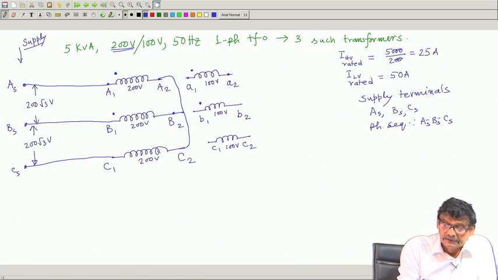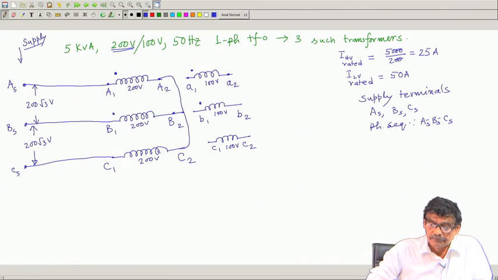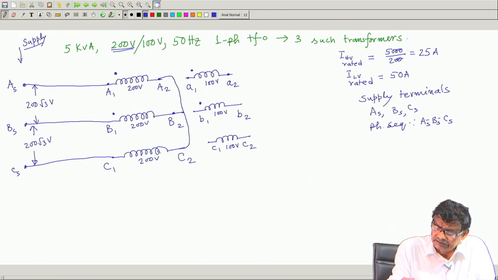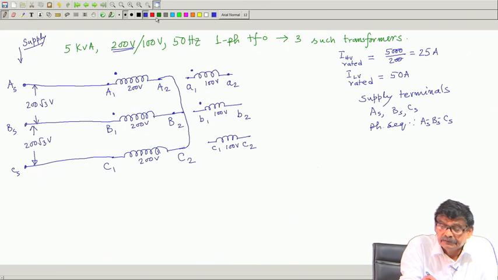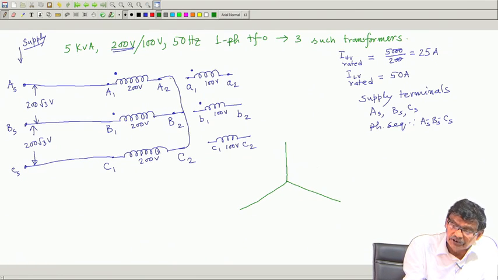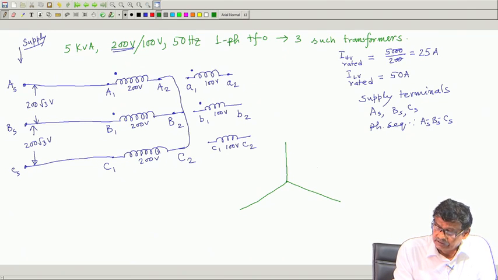Now, let us see what is the phasor diagram of this applied voltage. Mind you, I have shorted A2, B2, C2. So, this is the point A2, B2 and C2.